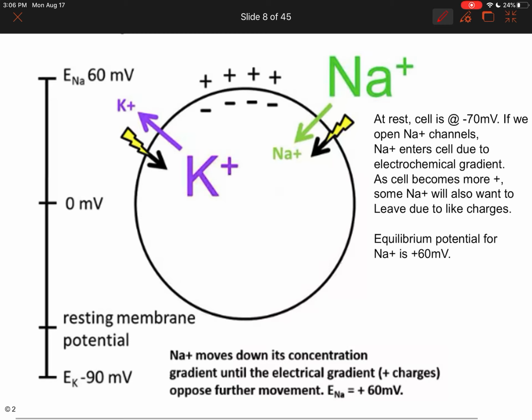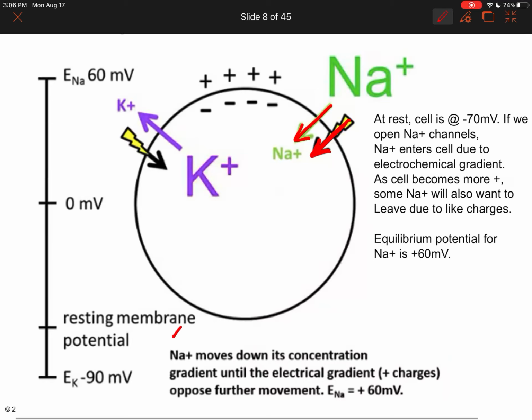Because sodium has a larger concentration outside the cell than inside the cell, the diffusion gradient, the chemical gradient, is going to pull sodium into the cell. And if the cell has a negative resting potential, as you see here, then the electrical gradient is also going to want to pull sodium inside the cell.